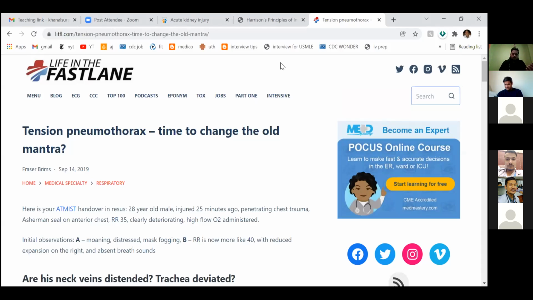Clearly speaking, your reflex activity goes to the second intercostal space, hiss sound, job done. No, the hiss sound may not be appreciable sometimes. But if you do put a needle in, make sure it is a cannula, and around the cannula, get any tape from the emergency department and keep it around first.